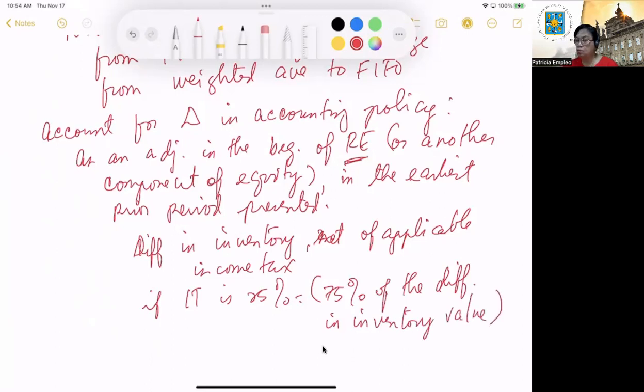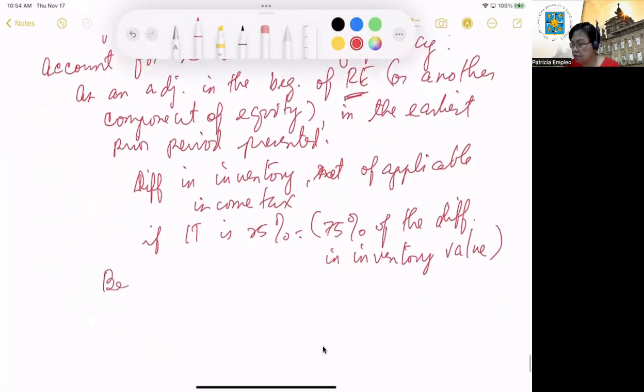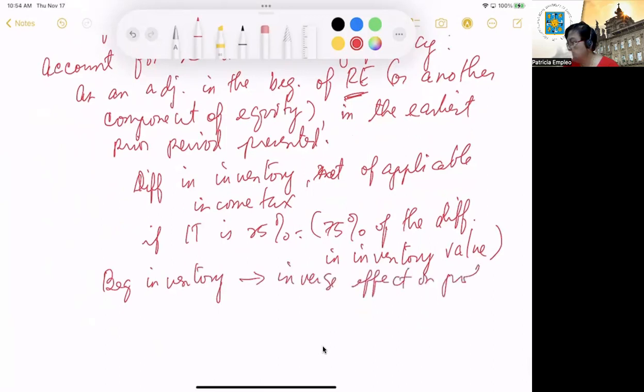Comparing now the old method and the new method. And then we will apply the same principle that beginning inventory has an inverse effect on profit, whereas ending inventory has a direct effect on profit.